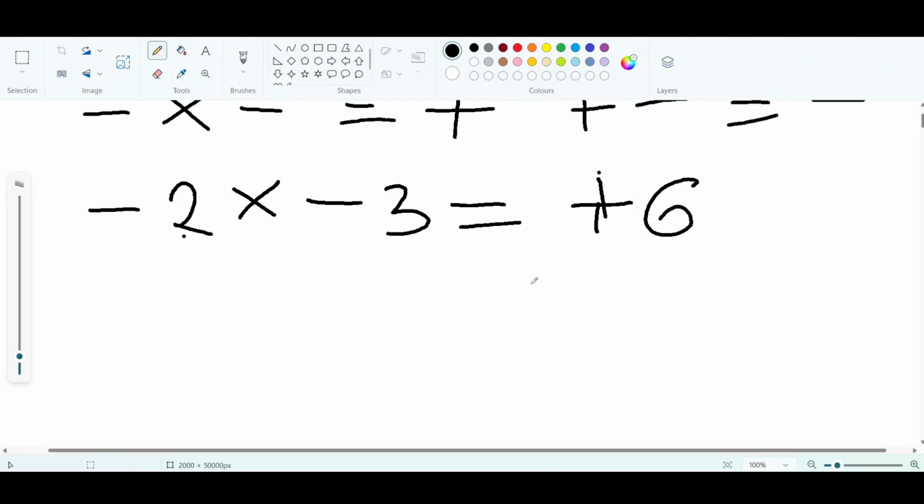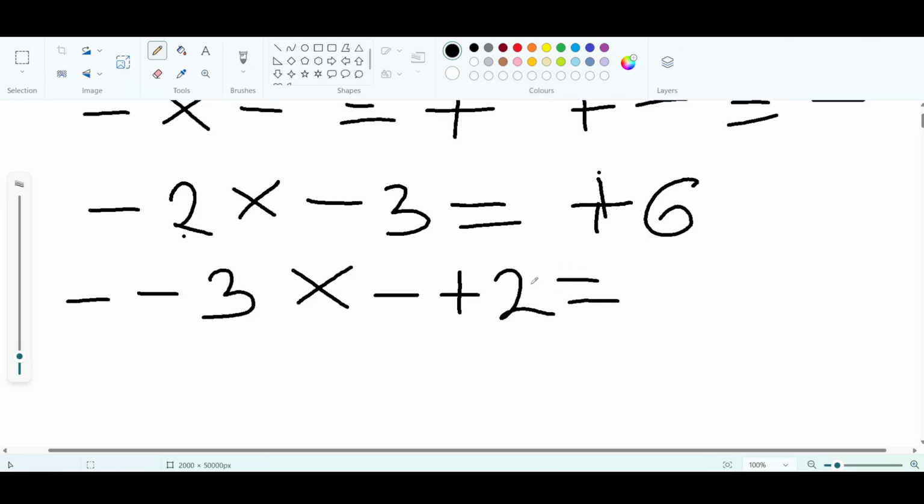So what he is saying is, if we have minus 3 times minus plus 2, for instance, what we do here is multiply these signs. The final answer is going to be minus, right? But how do we get the minus? We change this: minus times minus becomes plus, so that is the 3.